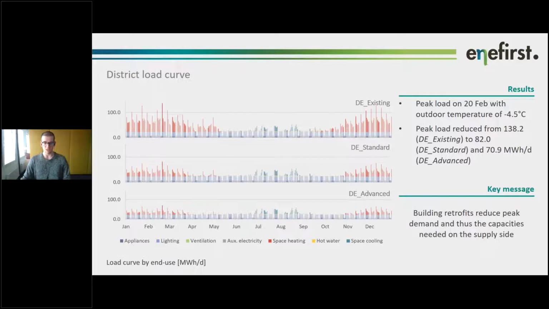Actually, peak load in this average year occurs on 20th of February with an average outdoor temperature of minus 4.5 degrees Celsius. And we can see in that day, or this hour, that peak load reduces from 138 megawatt hours per day to 82 and 70.9. So again, key message is that building retrofits also reduce peak demand, and thus, as we will be seeing later, the capacities needed on the supply side to meet heating demand.